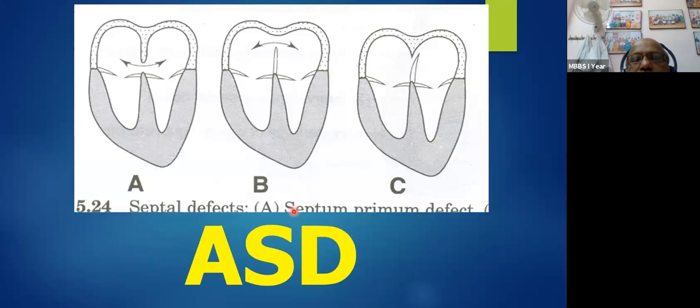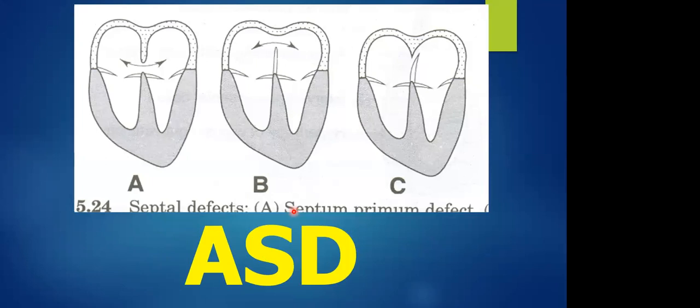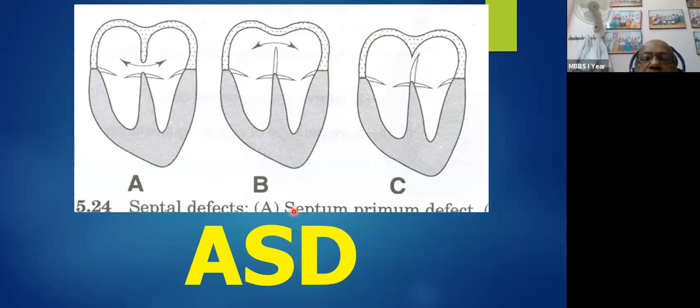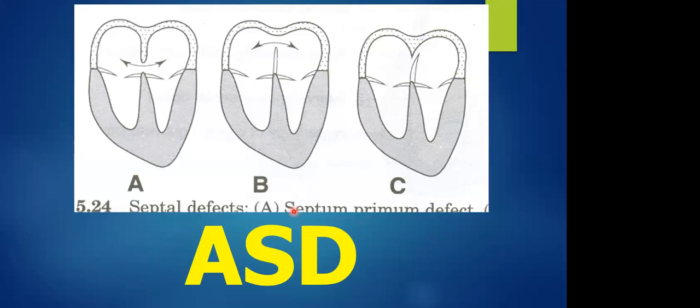Now see this picture. All of you go through all these three pictures, A, B, C, and tell about the defect. This is atrial septal defect, or ASD.